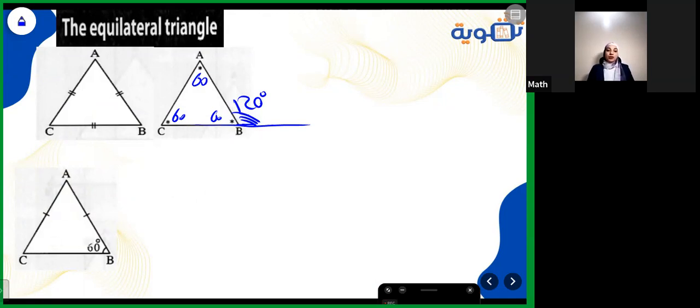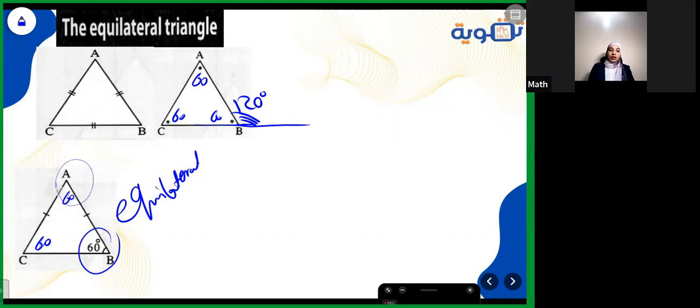If there is any isosceles triangle with a 60-degree angle in it, it will be equilateral. Why? Because if it's a base angle, the other base angle will be 60, and the remainder from 180 will be 60. If it's the vertex, the remainder will be 180 minus 60, and divide the result by 2. Each one will be 60.